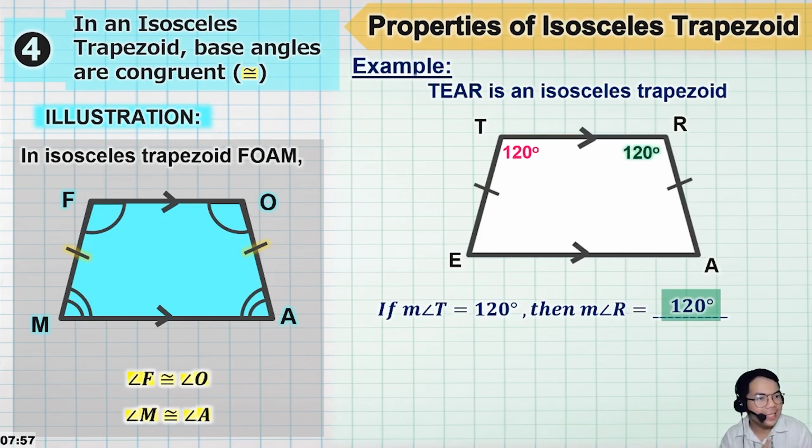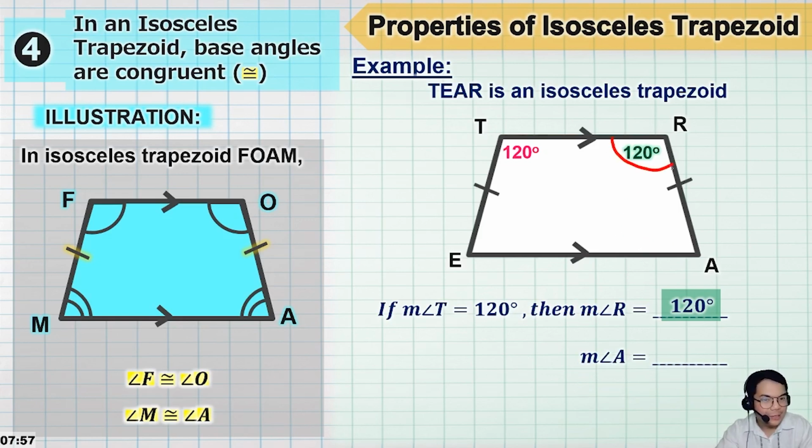Now, using the property that we have a while ago, the angles that are included on the same leg of the trapezoid are supplementary. Ibig sabihin, ano sa tingin nyo yung sukat ng angle A?